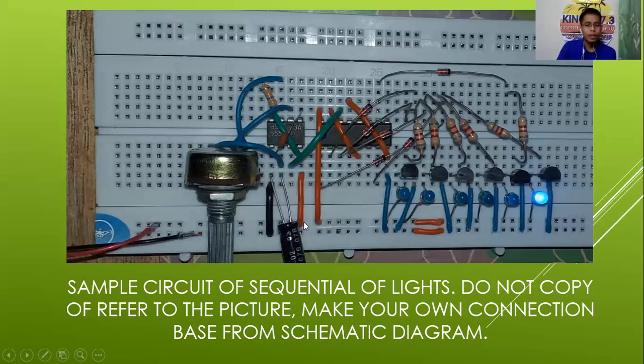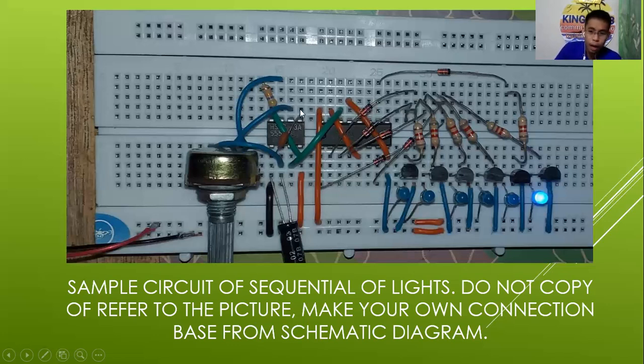Okay? So, mayroon na siyang supply. Si 4017 daw, ang supply niya ay number 16. Pin number 16 connected to positive. Okay, correct. Ngayon, the entire circuit or the entire ICs has now a supply. So, hindi na ako makakalimot dyan. Meron na siyang supply.